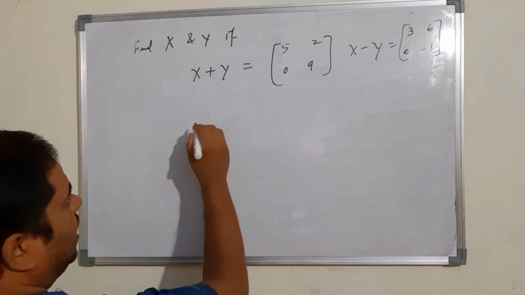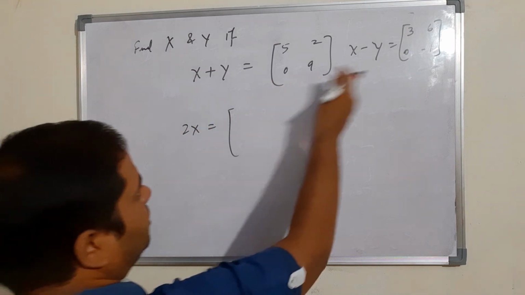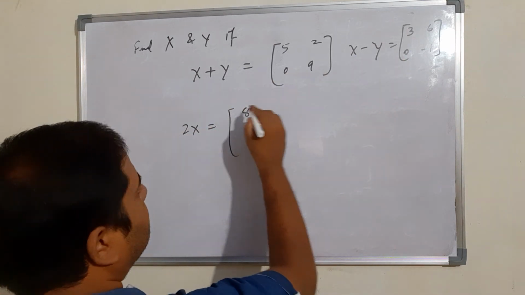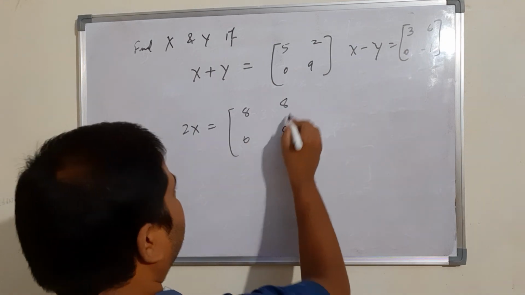First of all we add, and 2X is equal to, adding these two matrices, 8 3 8 / 2 6 8 0 9 minus 1 8.